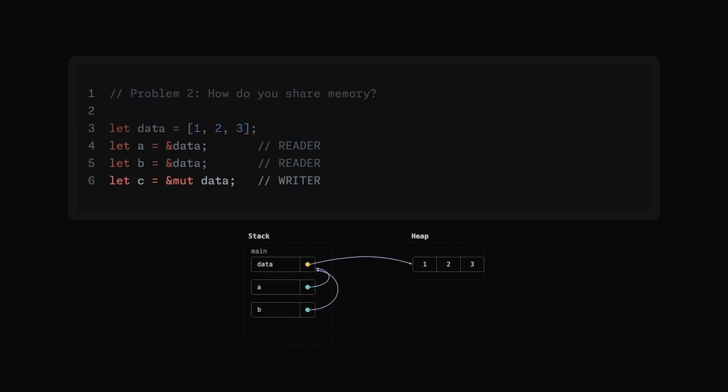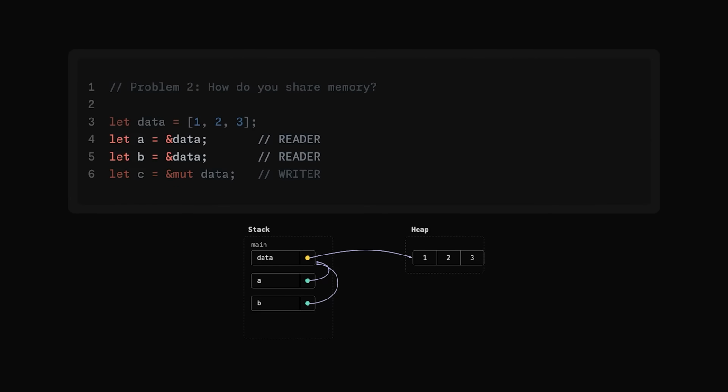As we can see from both the code and the visuals here, the A and B variables borrow the same data, but neither one can modify it. Because they're only reading, it's perfectly safe for both readers to exist at the same time. But if we also allowed a writer to the same data, it could modify the data while others are reading it, leading to inconsistent results.